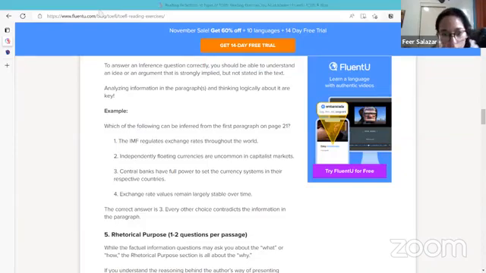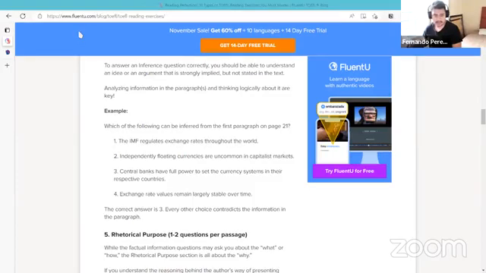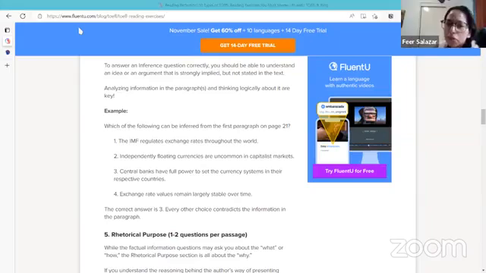Independently floating currencies are uncommon in capitalist markets. Central banks have full power to set the currency systems in their respective countries. Exchange rate values remain largely stable over time. Again, how do exchange rate values remain?